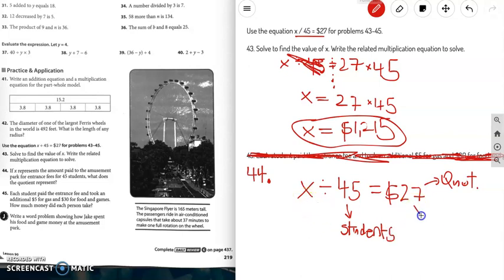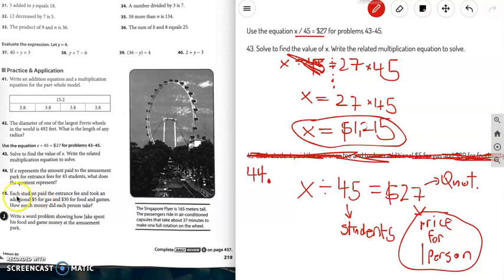If you said it's the price per person, you are correct. Or entrance fee per one person. Price for one person to go into Lotte World or any amusement park. Okay, so that's what the $27 represents.